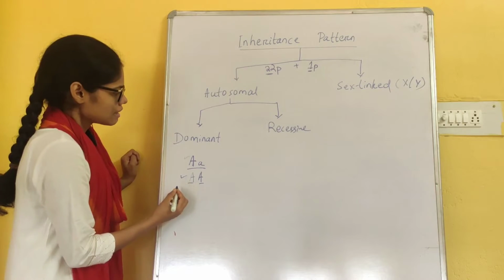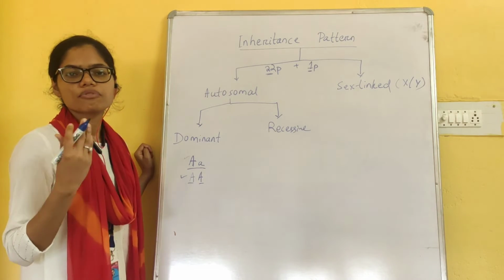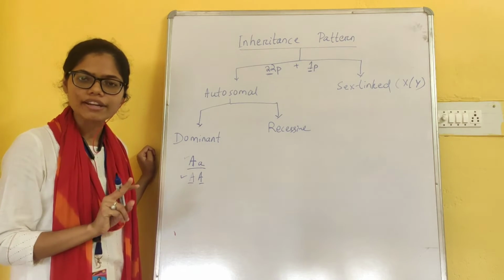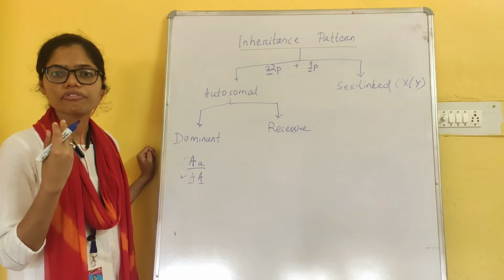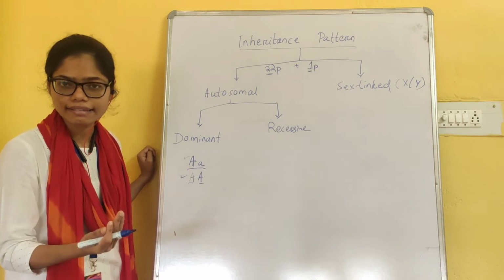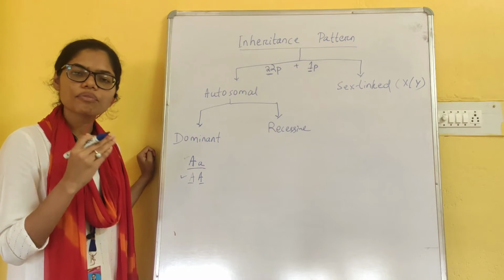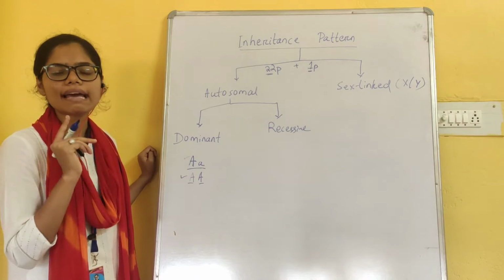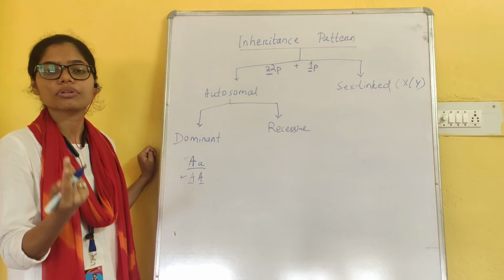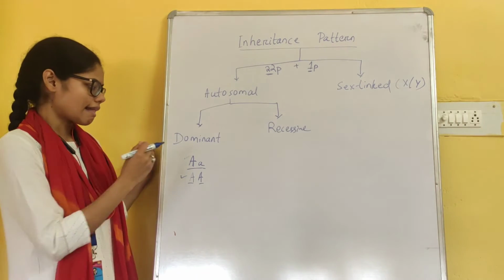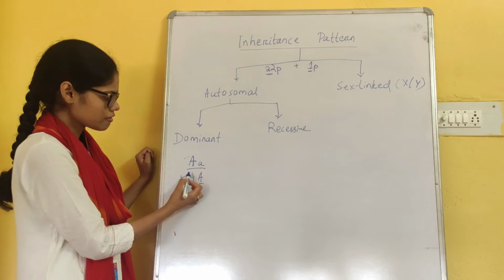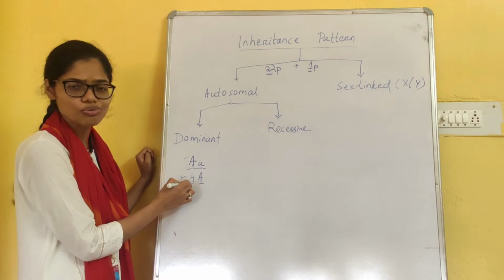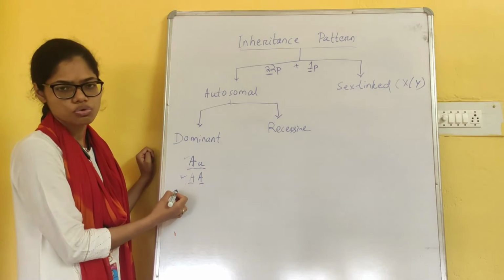So we already know the concept of dominant and recessive. If two alleles are required for the production of the phenotype, for the production of the character or the disease, then we are saying it is recessive. If only one allele is required for the phenotype to be shown, then that is dominant. So in case of dominant, if one allele is there or two, the disease will be shown.